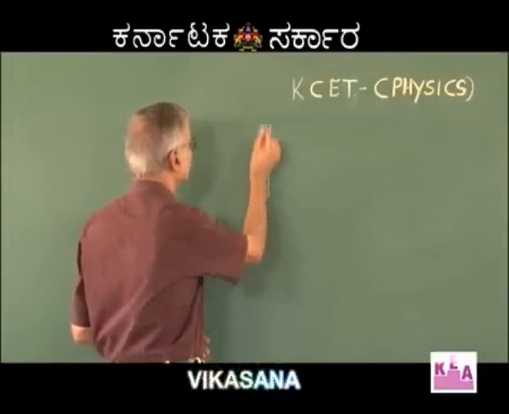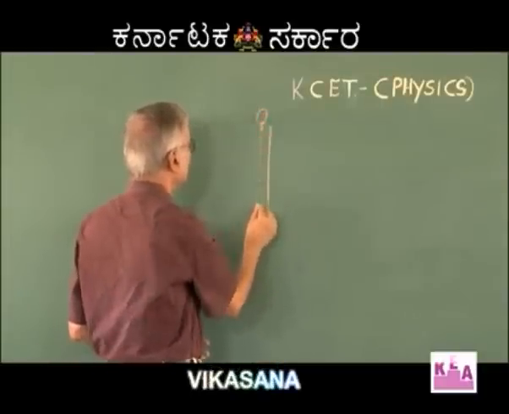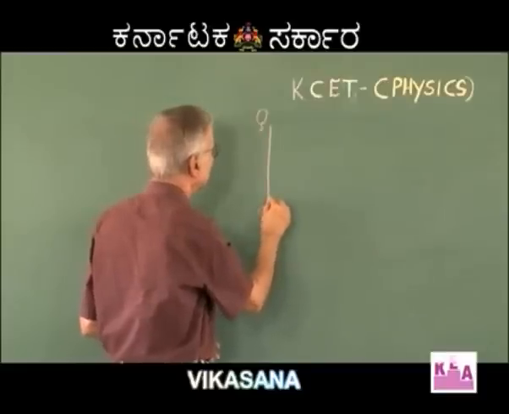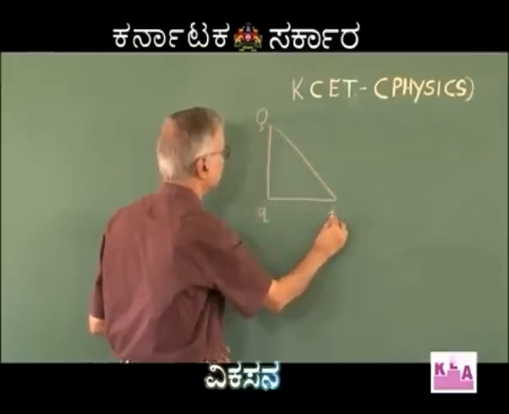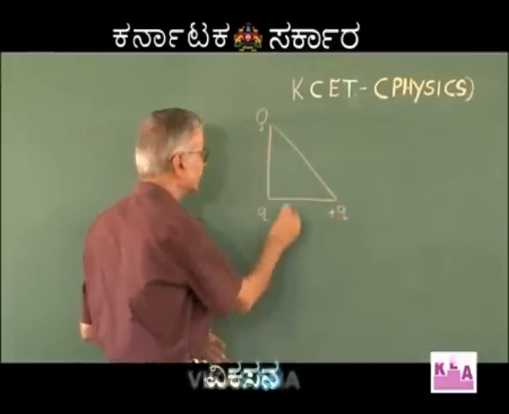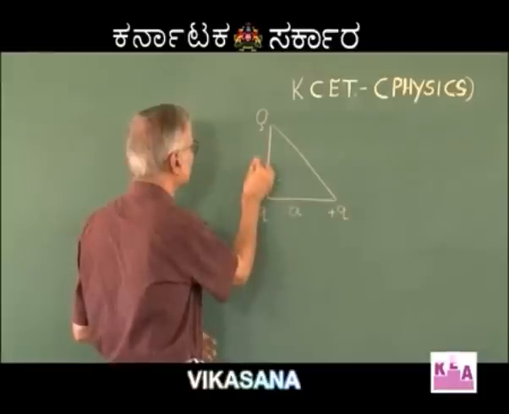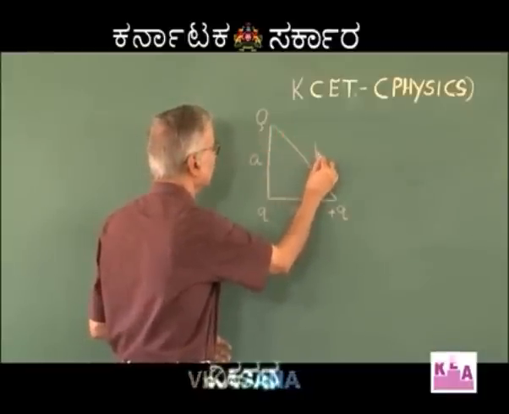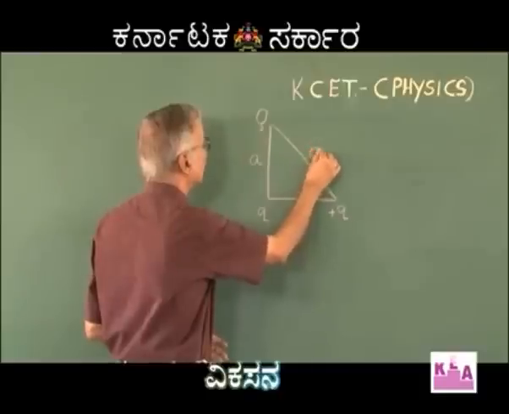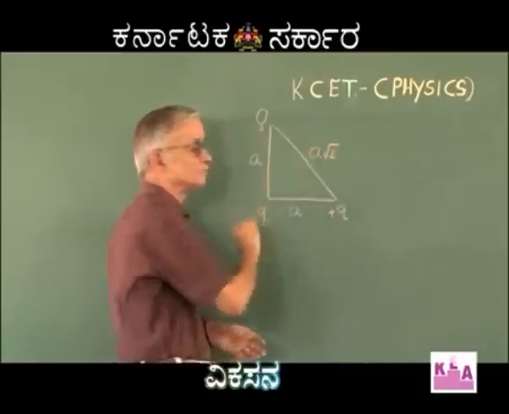This charge is capital Q, this is small q, this is also equal to small q. The side is A, naturally this will be A, and the hypotenuse will be equal to A root 2.